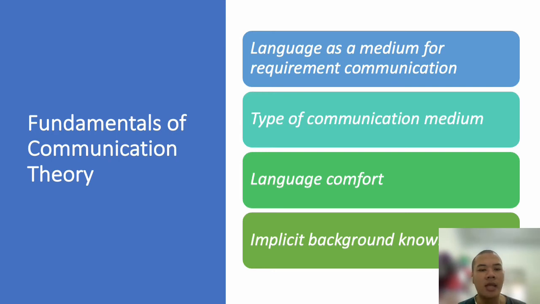The last is implicit background knowledge. Communication, for example, is the language-based expression of knowledge. It is necessarily simplified by nature. The author expects the reader to have some kind of implicit background knowledge.